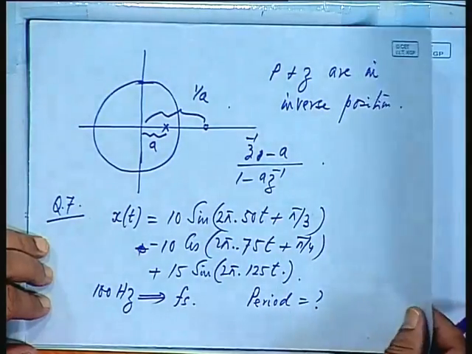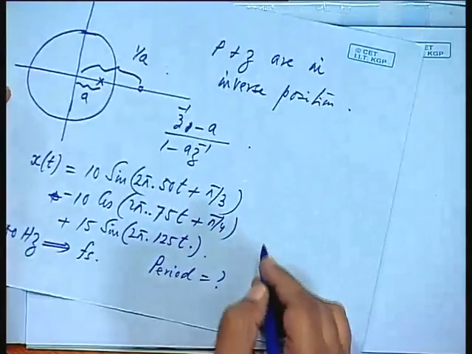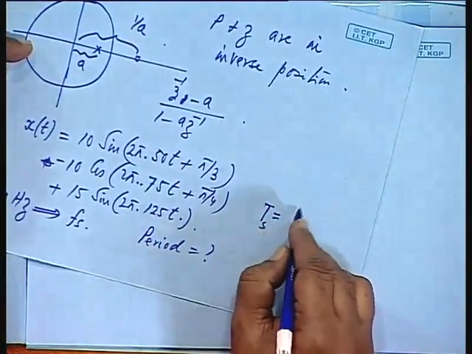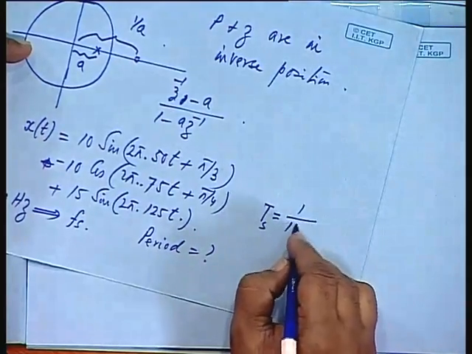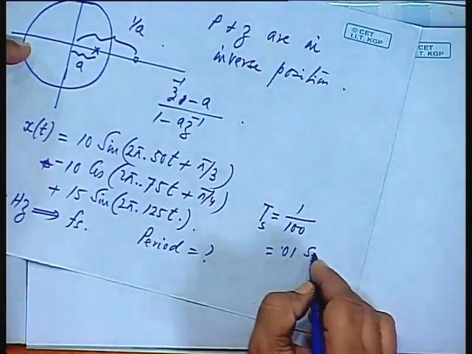All right. So, if you are given the sampling frequency Fs, that means the sampling time is 1 by 100, that is 0.01 second, is it not?